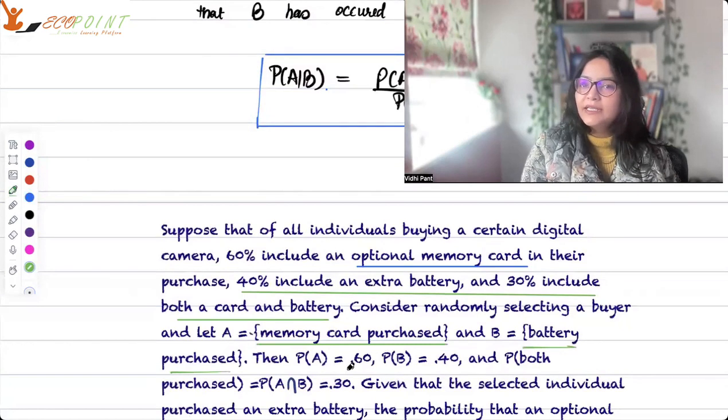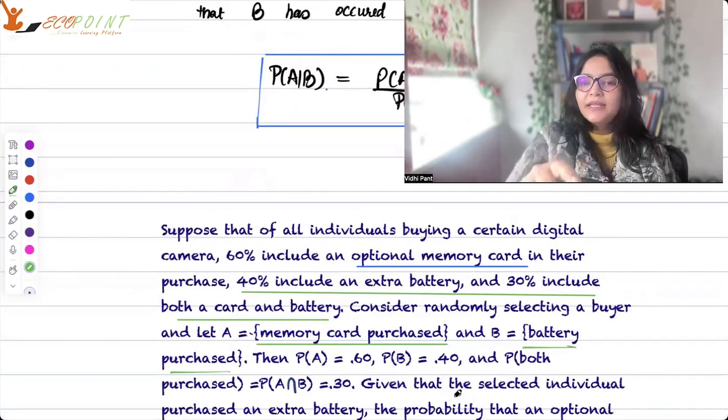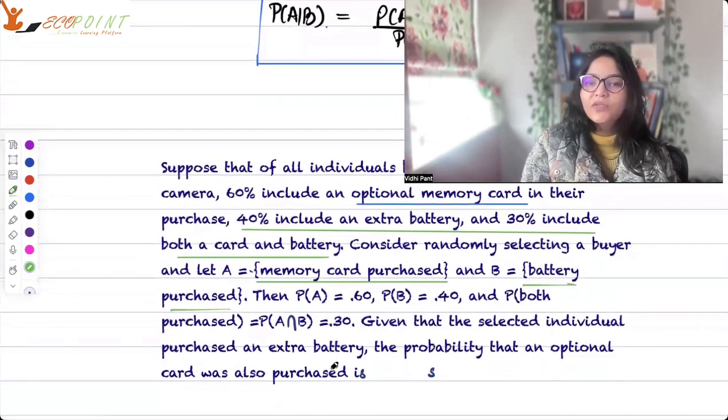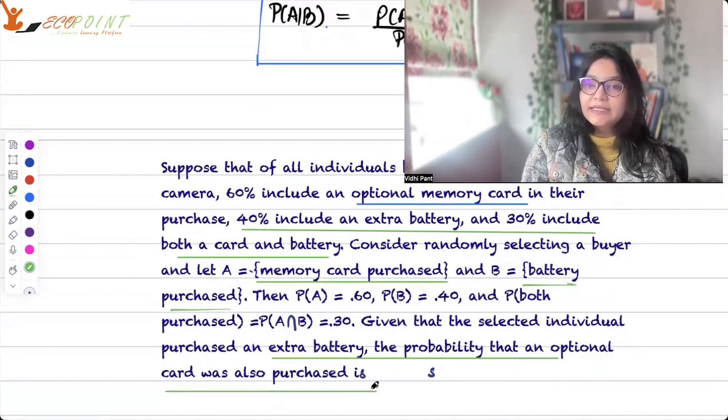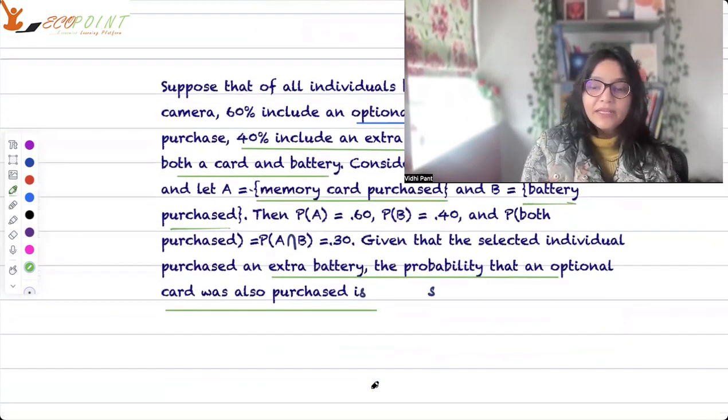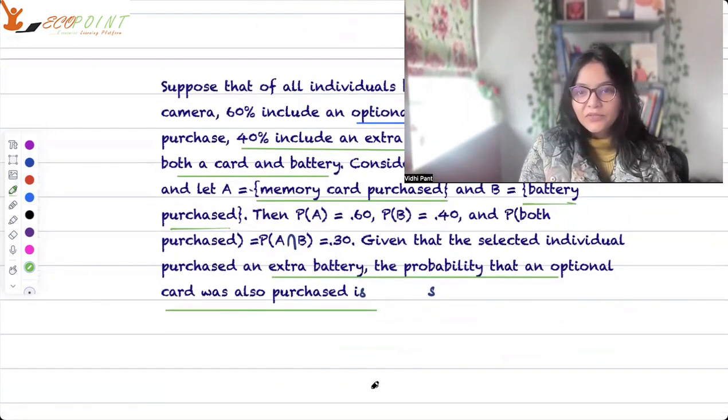Then probability A is 0.6, probability B is 0.4, and probability both purchased is 0.3. It is given. Given that the selected individual purchased an extra battery, the probability that an optional card was also purchased is?